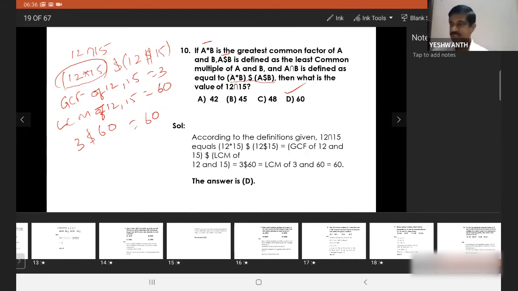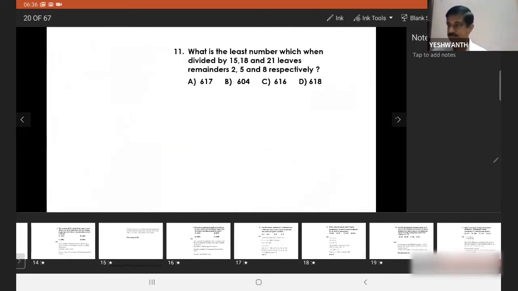Okay, children, let us go to the next question. What is the least number which when divided by 15, 18 and 21 leaves remainders 2, 5 and 8 respectively? So a similar kind of problem we did a few problems away.